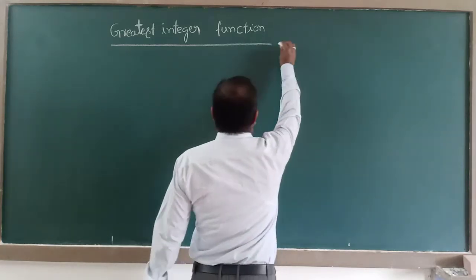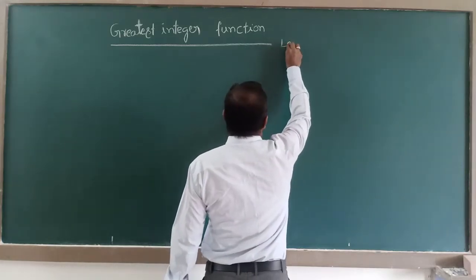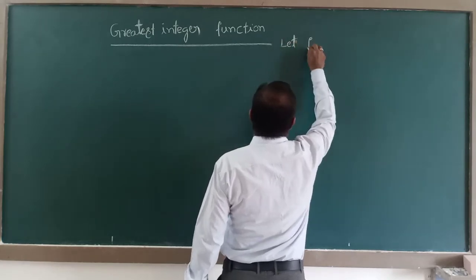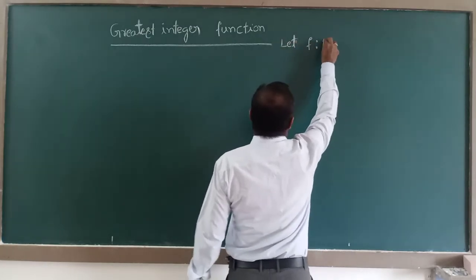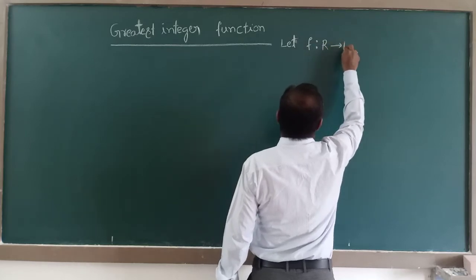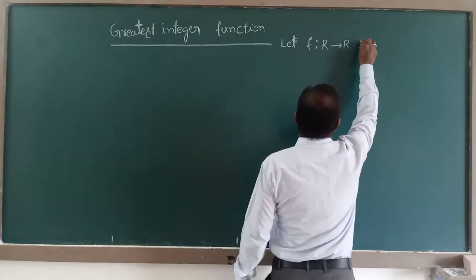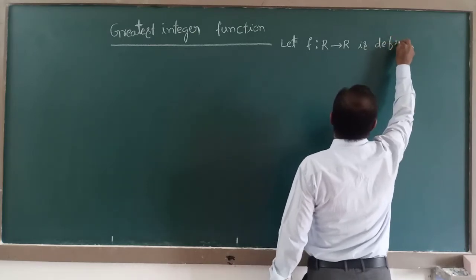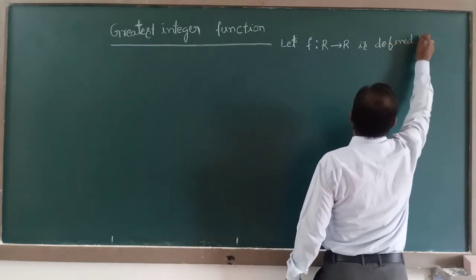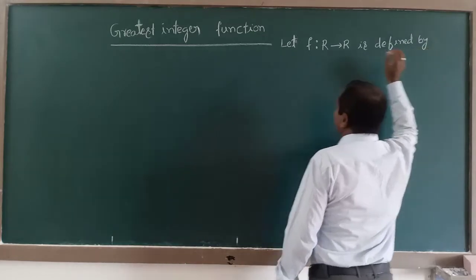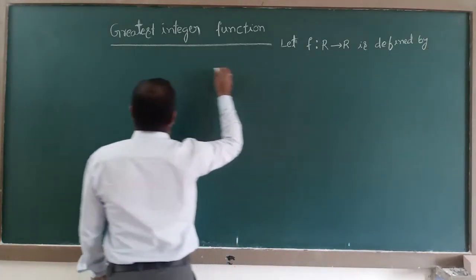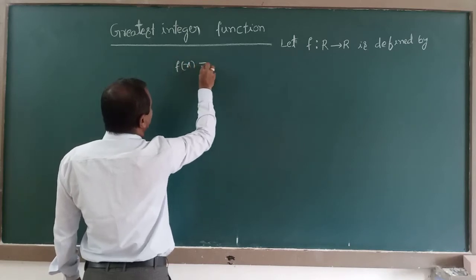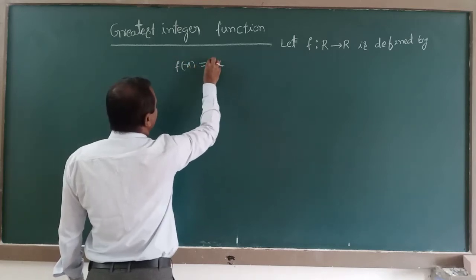Now the definition for this is: let f map from R to R, real numbers to real numbers, defined by f of x equal to the greatest integer of x, which we represent under brackets.